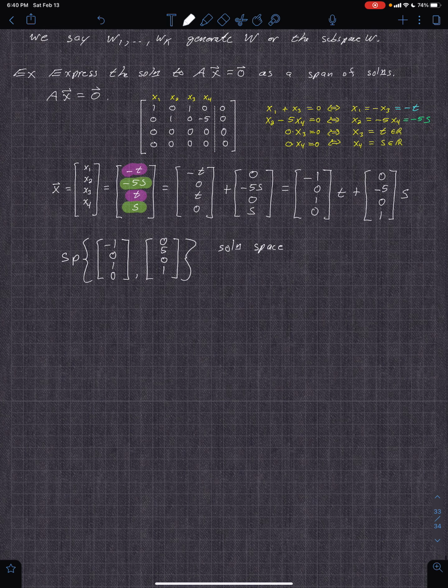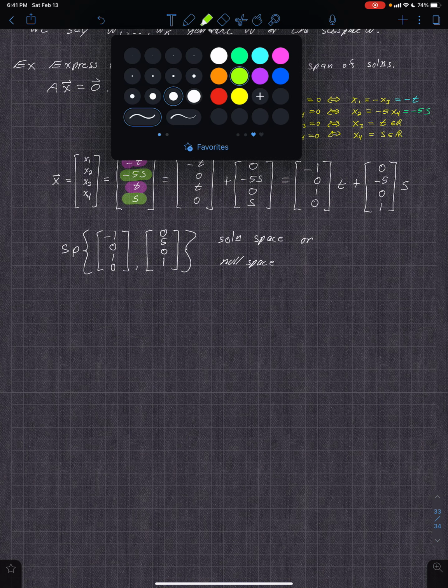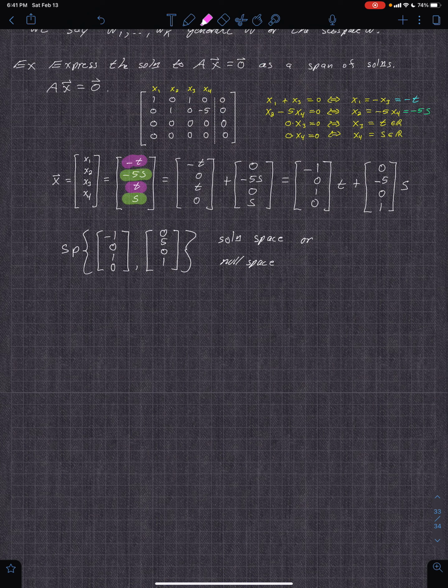For this system, but we really want to talk about the null space. So the null space is the span or the set of all vectors of the solutions.